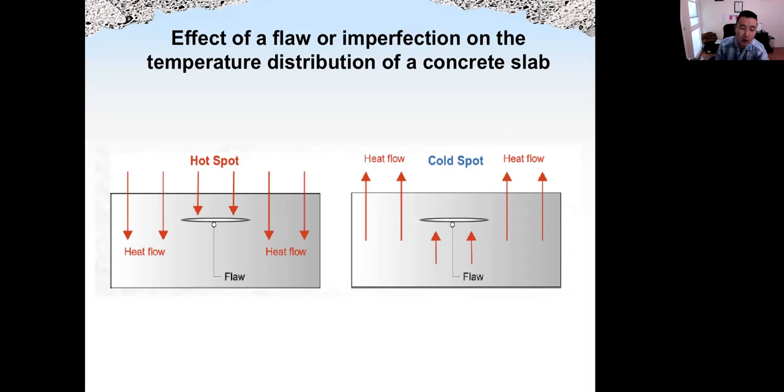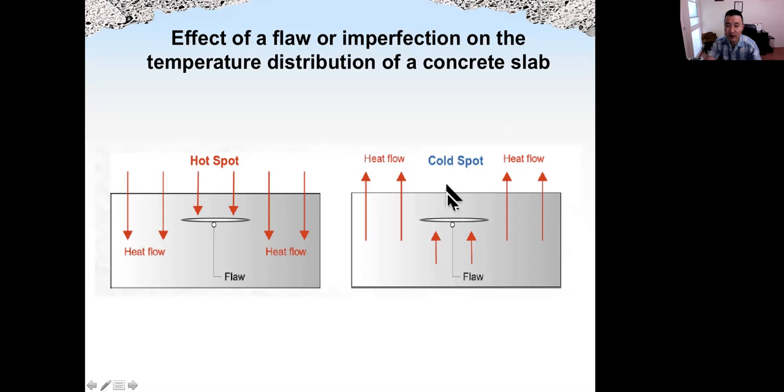So this method is only sensitive to cracks near the surface. If the crack is very deep inside the member, the heat flow can go around the voids and affect the result. So it is only sensitive to surface cracks. It is also sensitive to the orientation of the crack.